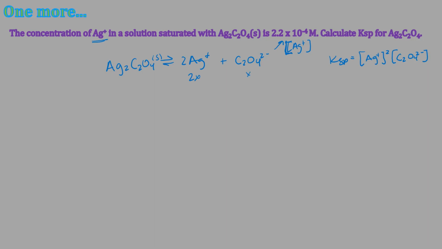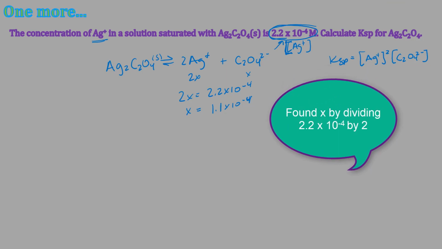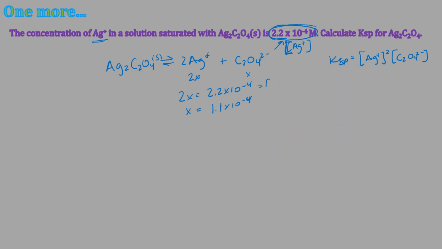Well, I know that my silver concentration in the solution is 2.2 times 10 to the negative 4th. So that is 2x. So 2x is equal to 2.2 times 10 to the negative 4th, which means that my x value is equal to 1.1 times 10 to the negative 4th. So if I know that, then I can just plug these in because this is silver and this is oxalate.